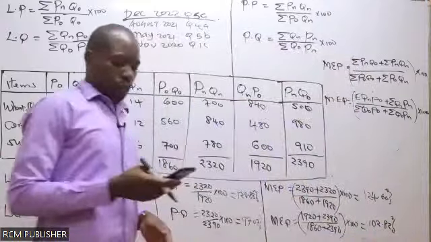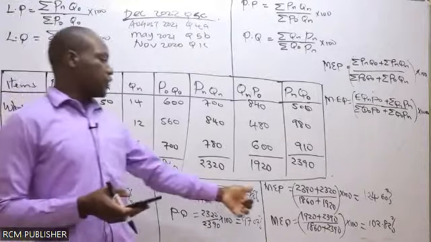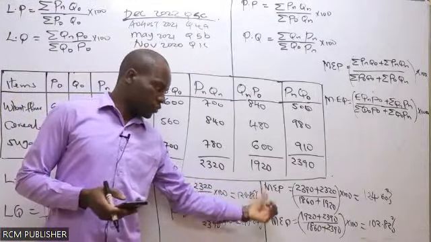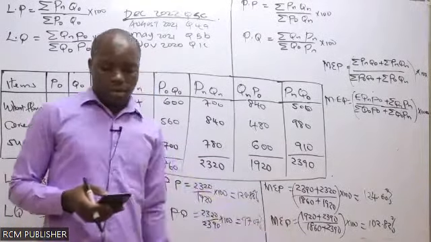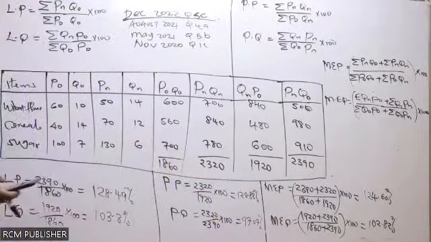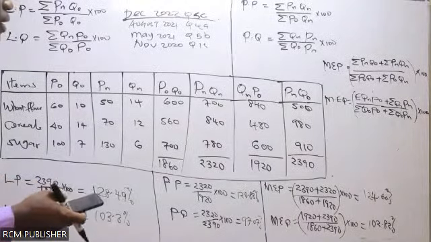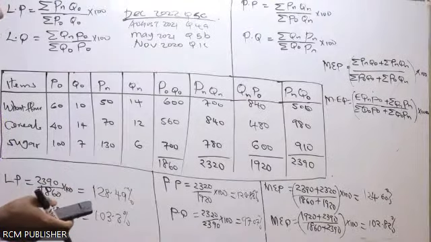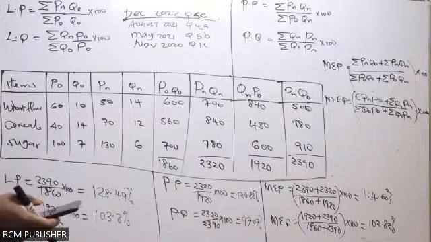So you are being told to comment on the results from this part here. If you look at that question, that is Marshall's price index, you are able to see that we have 124.60.